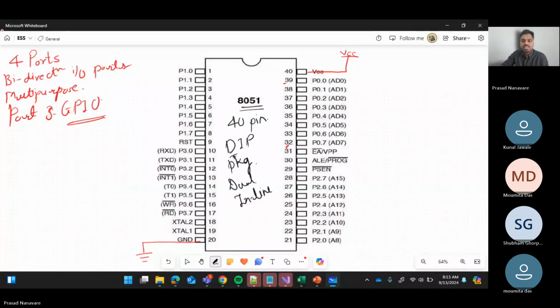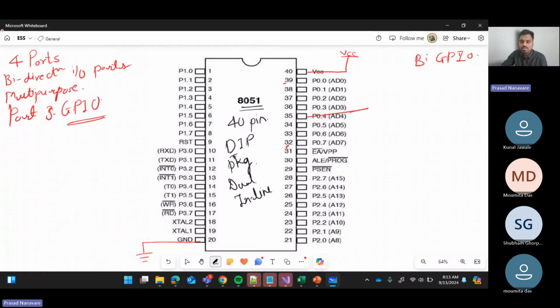This is a bidirectional general purpose input output port, and it is not internally pulled up. Now what do I mean by that? We have to use an external pull up resistor to do that. So basically all these pins need a pull up resistor.